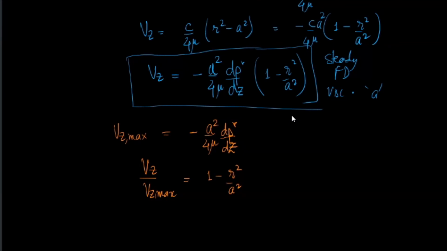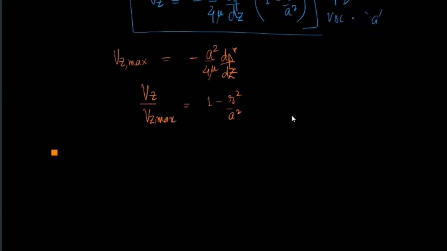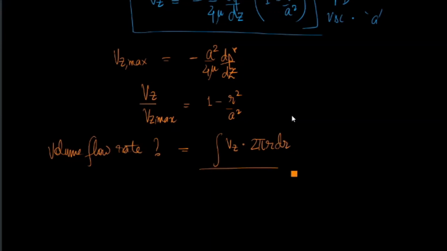What is the volume flow rate? So the volume flow rate will be the integration of the velocity profile over the area, so 2 pi r dr, divided by the area.